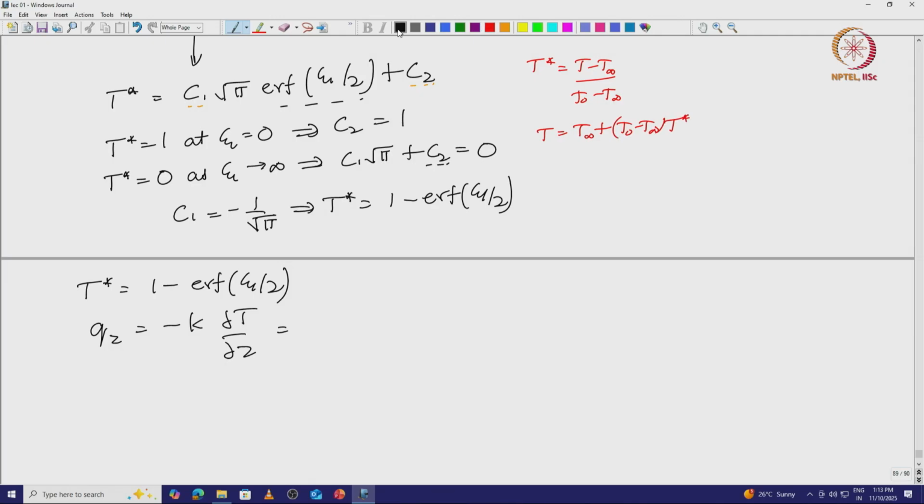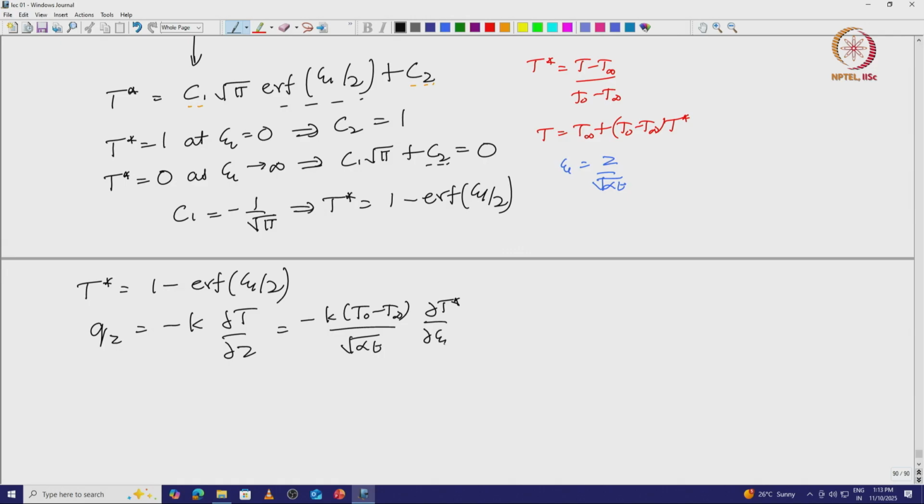So, this becomes minus k into T naught minus T infinity, and we also defined that psi is equal to z by root alpha t. Therefore, I have a factor of root alpha t partial T star by partial psi.